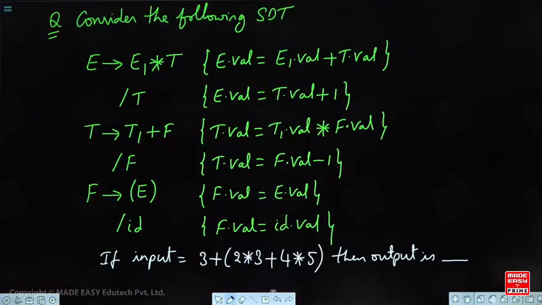What are your weights? All these are wrong answers. 23 wrong, 185 wrong, 135 wrong. Baba, does one input give so many answers, the same input? 57, that is also wrong. 135 wrong, 37 wrong.